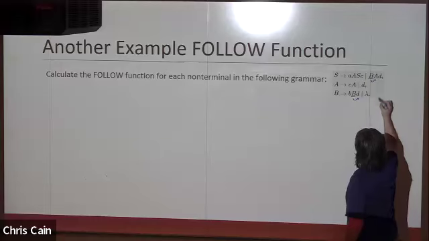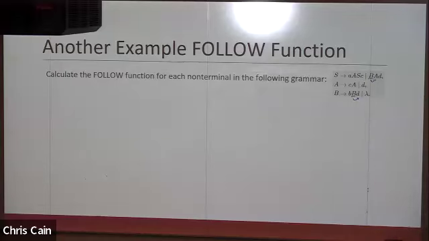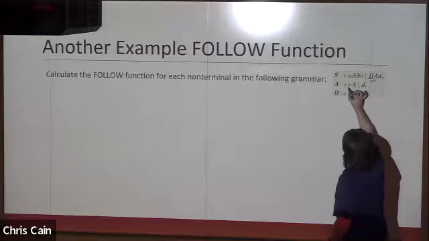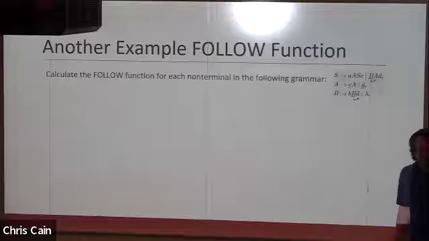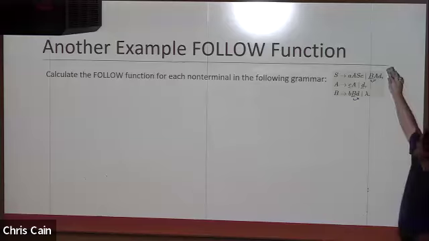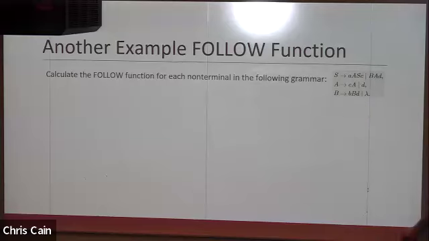But if it's followed by a non-terminal, then we need to query what is the first of that non-terminal, which is going to be this C and this D. So we get C and D and D. The set of C and D is just C and D. And that is all that is in follow of B. So much easier than follow of A.